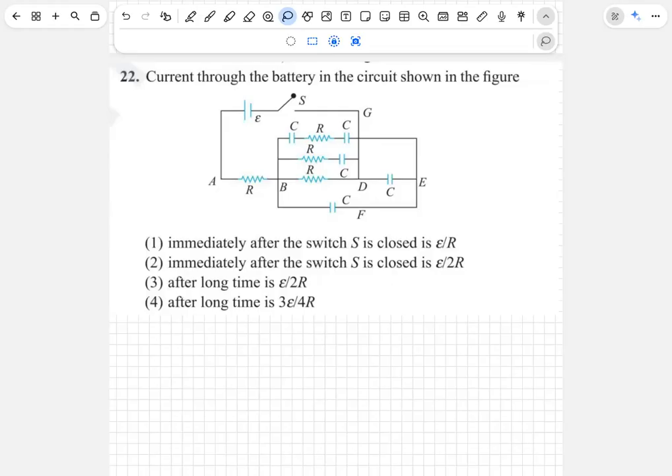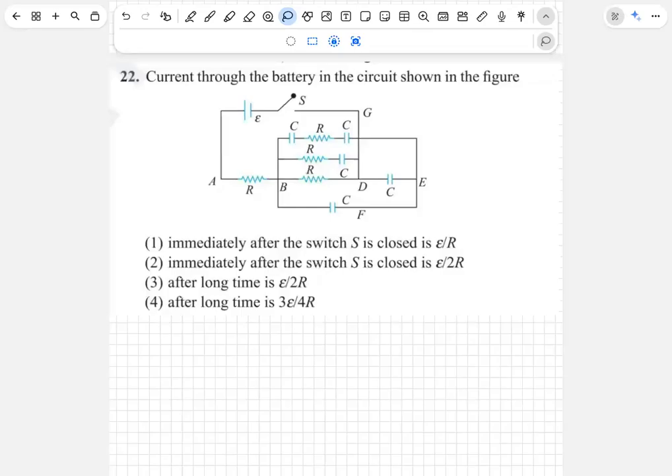RC circuit. What is the current through the battery in the circuit shown in the figure immediately after closing the switch?